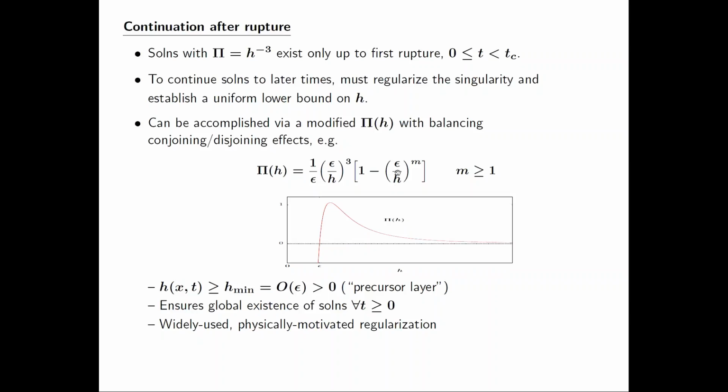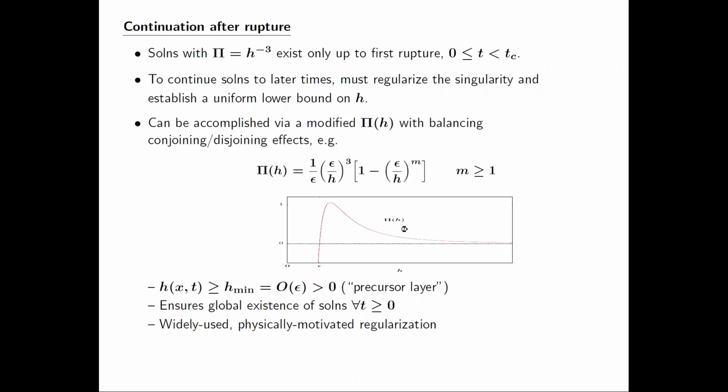So I'm going to add one other term to the disjoining pressure that balances out the term that tends to lead to rupture. When we reach a finite scale epsilon, a thin film layer will remain, and that will be a lower bound on the solution, but it will mean that solutions will exist for all times. They will basically behave the same way until they reach this minimum thickness epsilon, and then after that they'll do something interesting.